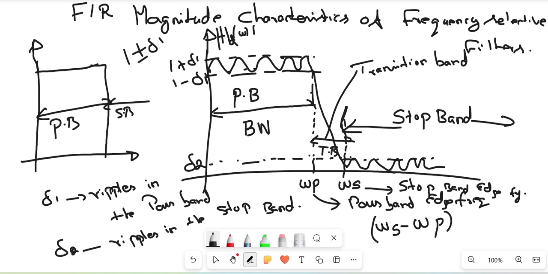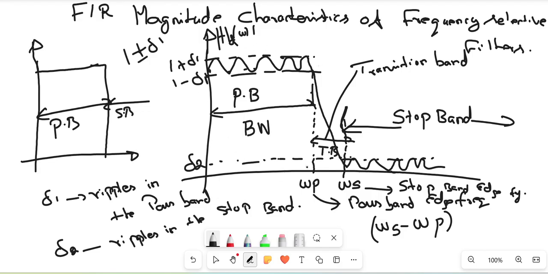So, in any filter design, the maximum tolerable pass band ripple, maximum tolerable stop band ripple, pass band edge frequency, and stop band edge frequency are specified.